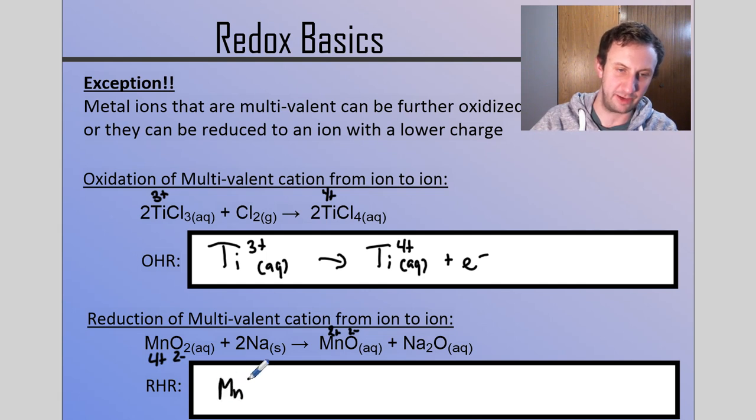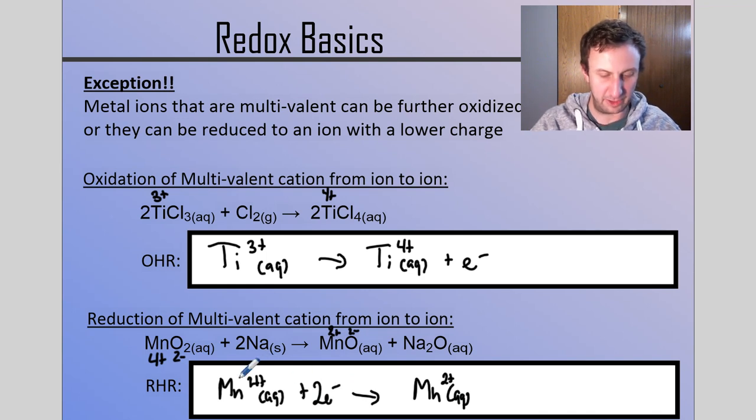So I would have Mn4+ aqueous turning into Mn2+ aqueous. And I would add 2 electrons to the left in order to make that work. My 4 is horrible here. Let's try that again so it's a little bit neater. All right, so there we have Mn4+ plus 2 electrons making Mn2+. So going from a higher charge to a lower charge, and that is also reduction.